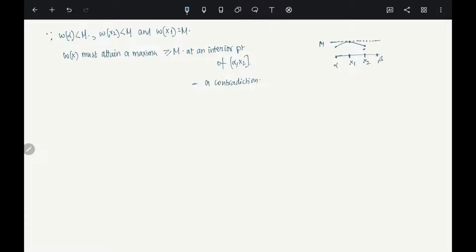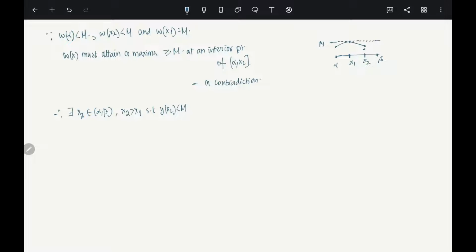Hence, what can we say? Therefore, there does not exist an x2 between alpha beta, with x2 greater than x1, such that y of x2 is less than m. Now what happens if x2 is less than x1?